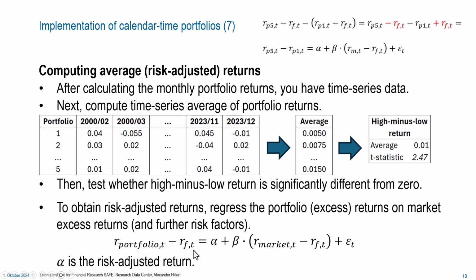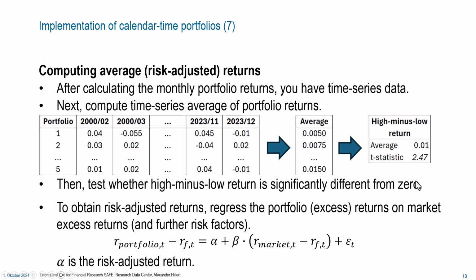Now the minus in front of the brackets times the minus risk-free rate in the brackets gives us a plus risk-free rate, and this cancels out with the minus risk-free rate before the brackets. So we could also directly have the return of portfolio 5 minus the return of portfolio 1 equals alpha plus beta times the market excess return.